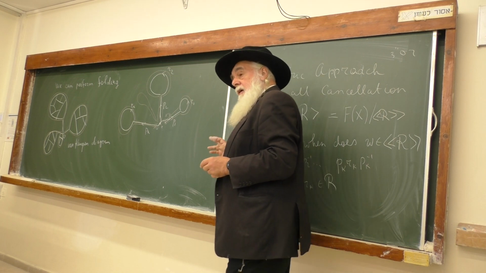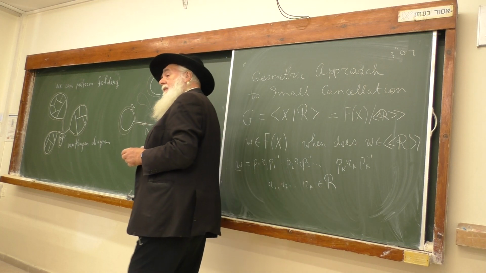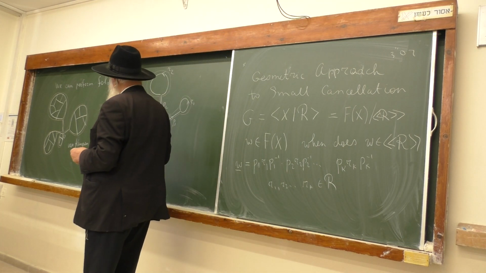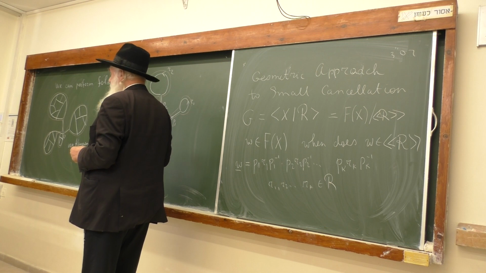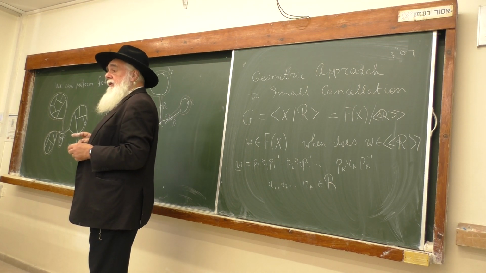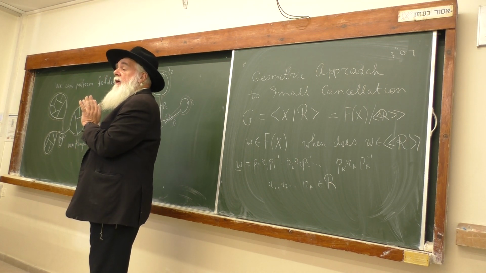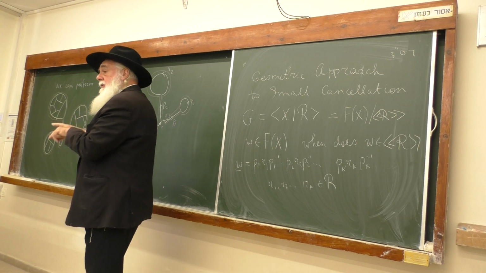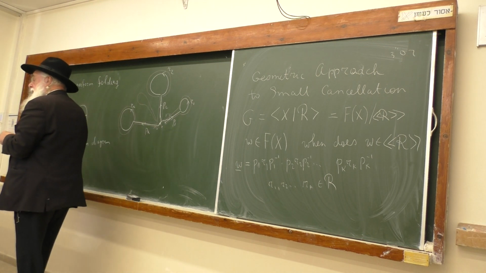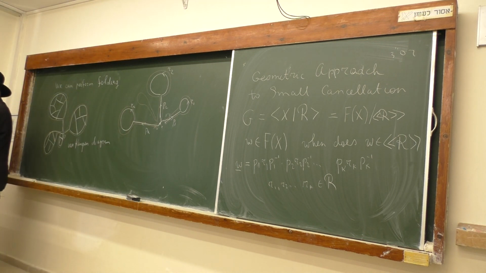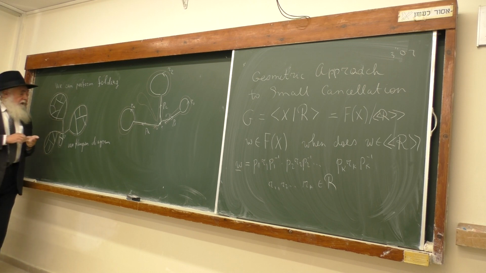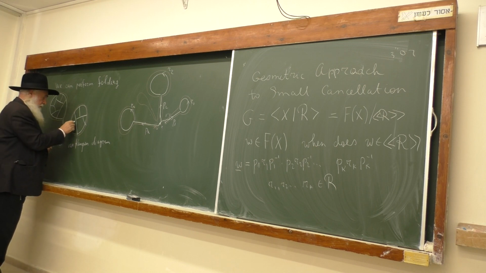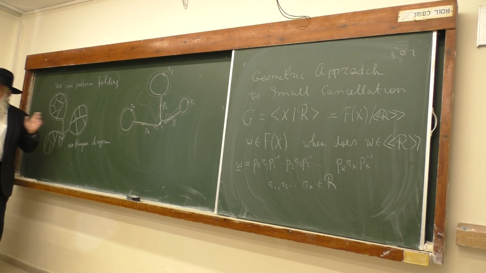Is it called a Van Kampen diagram only when it's reduced, when the word is totally reduced? When we find it, it is better to think that we perform this folding, but we do perform foldings only when looking at it as embedded in the plane. If we have, for example, possibilities to fold this and this, then we cannot do it just embedded in the plane.